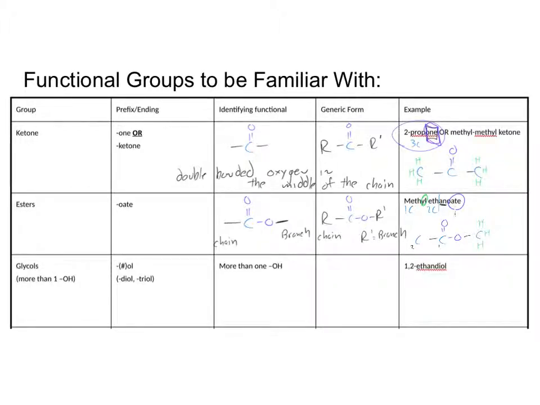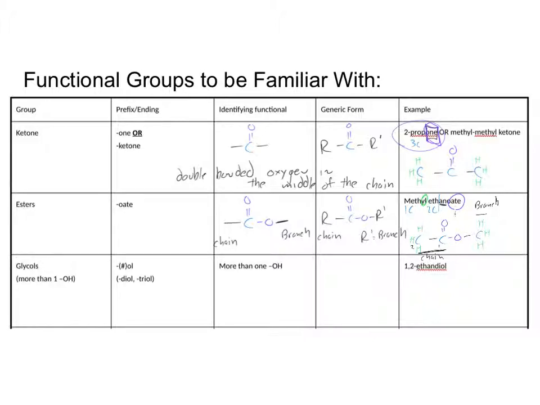Now I'm going to go back and add hydrogens to my chain. So this part right here is my chain, and this is my branch. Okay, so that's kind of how the esters work.